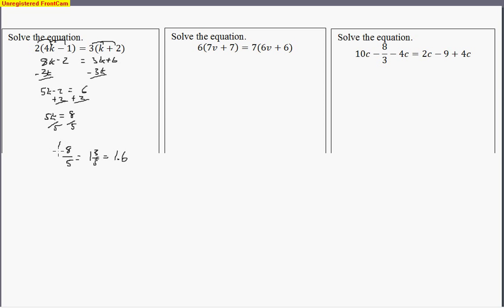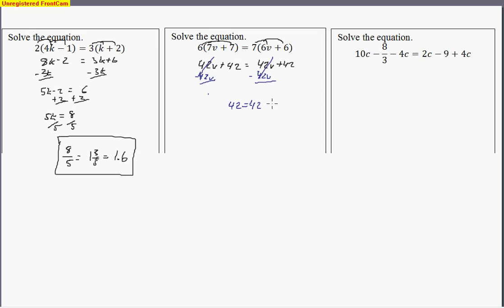All good answers. So with this next one, we distribute first. I get 42v plus 42 equals, and then the same thing on this side, I get 42v plus 42. So I solve by doing opposite operations. I'll get the v's over to one side, but something happens here. You see those v's all cancel out and make 0. I'm just left with two numbers, and they equal one another.